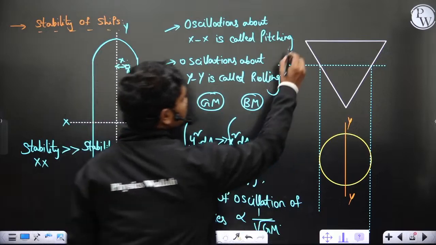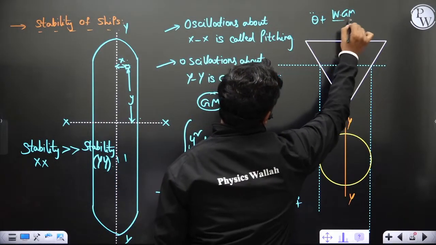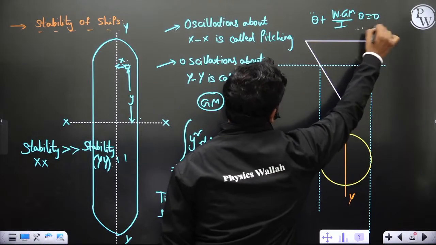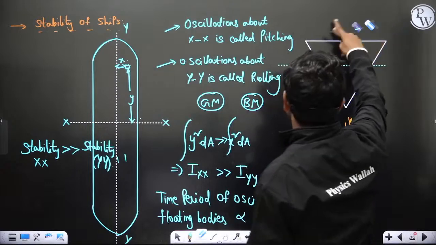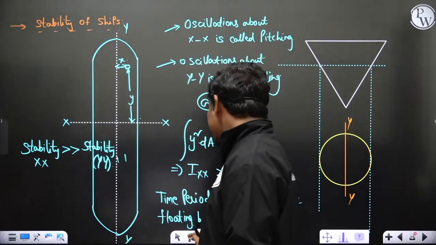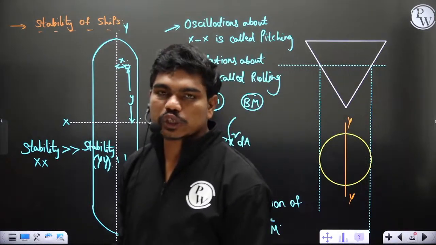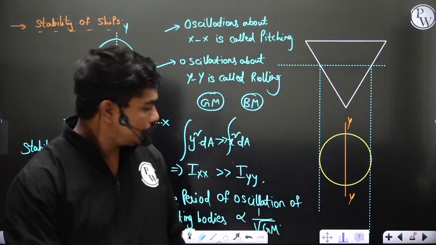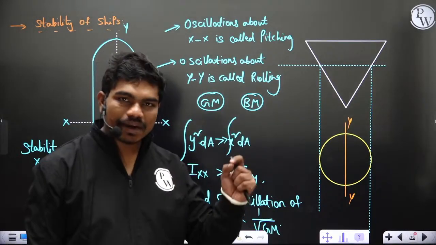You will end up with a simple harmonic motion equation: theta double dot plus W GM by I theta equals 0. Such kind of equations is what you will generate. Right now I'm not deriving these equations, but you can see them in the Telegram group where we upload them. So this time period of oscillation is proportional to 1 by square root of GM.